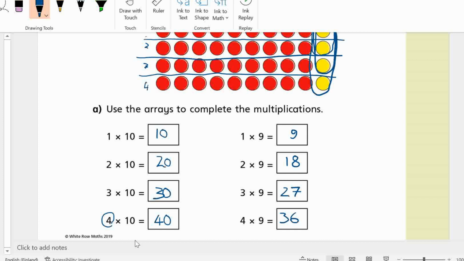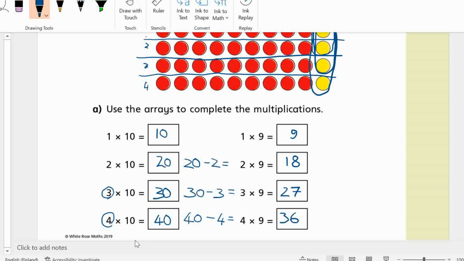Again, so here, 3 times 10 is 30. What do you subtract to get 27? You subtract 3. 30 take away 3 equals 27. Yeah, 30 take away 3 equals 27, or 3 times 9. 40 take away 4 equals 36. So here, 20 take away 2 equals 18.